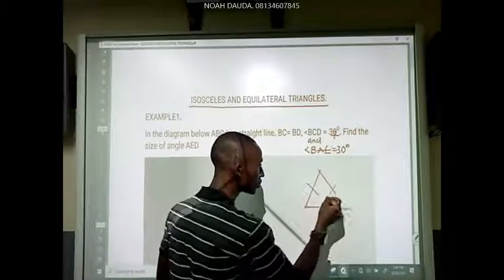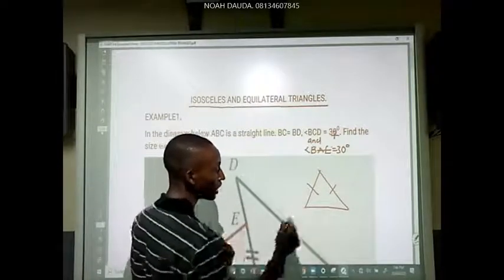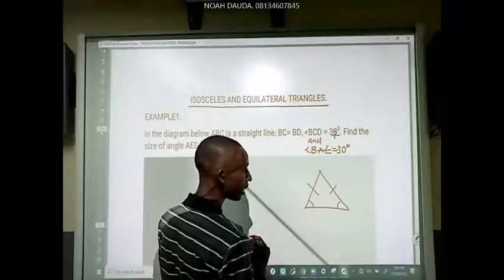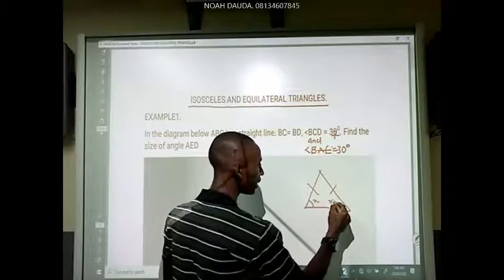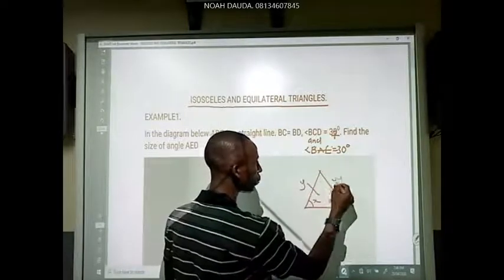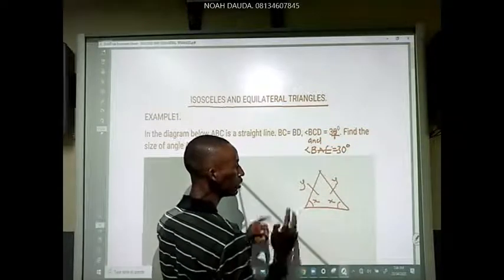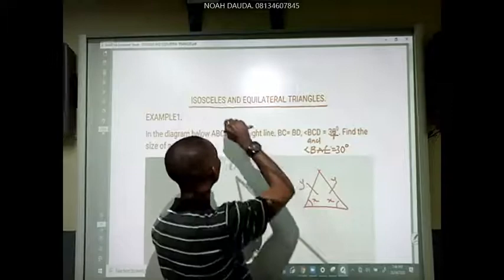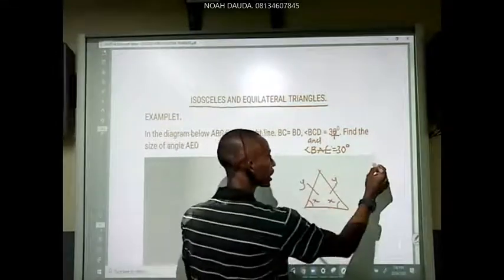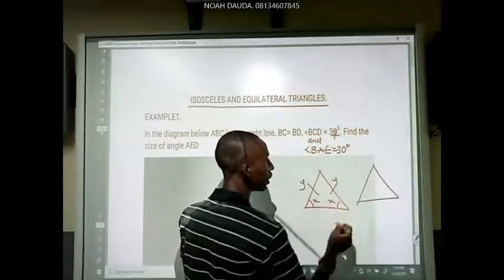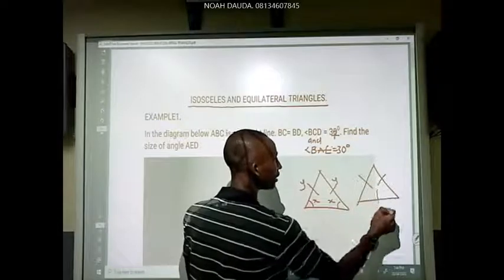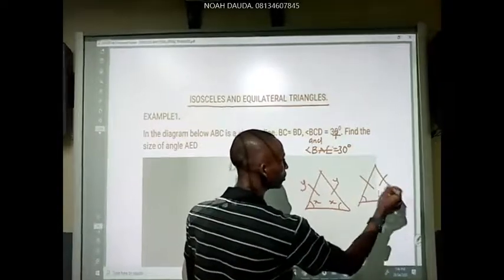Isosceles and equilateral triangle. Now, in a situation where we have a diagram like this, an isosceles triangle is a triangle that has two equal sides and two equal base angles. So if here is x, here is x, if here is y, here is y, the same sides and the same base angle. Only two sides are equal in the case of an isosceles triangle. But for an equilateral triangle, all sides are equal and all angles are equal.